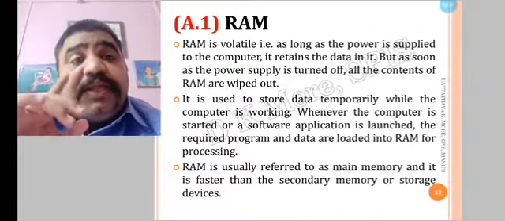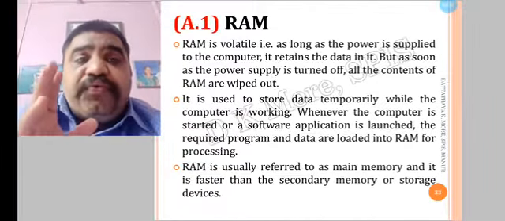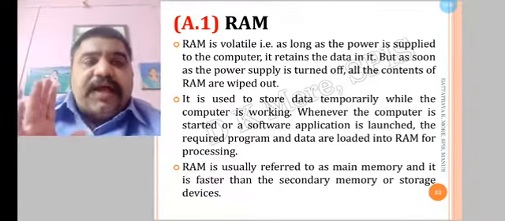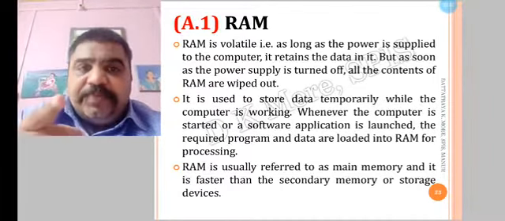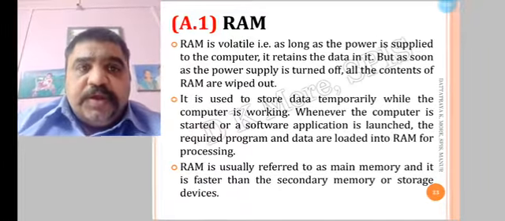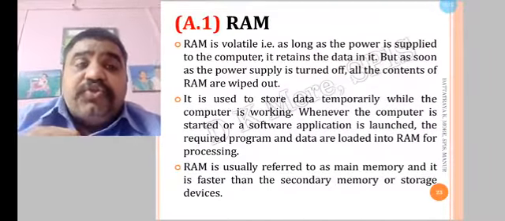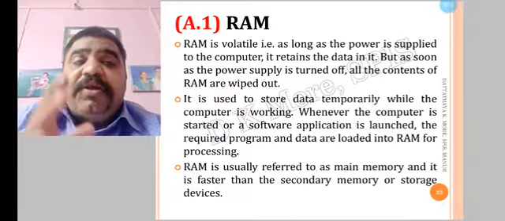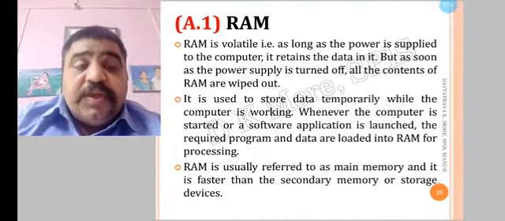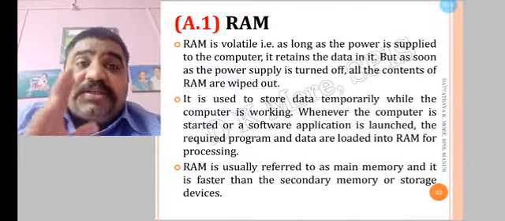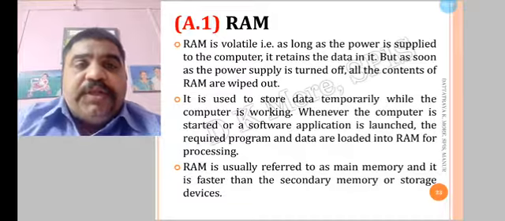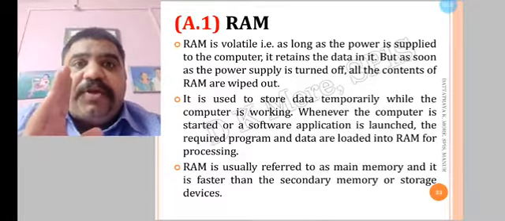Whenever the computer is started or a software application is launched, the required program and data are loaded into RAM for processing purposes. RAM is usually referred to as main memory, and it is faster than secondary memory or storage devices. And one more thing, this RAM is one of the components which decides the speed of your computer.